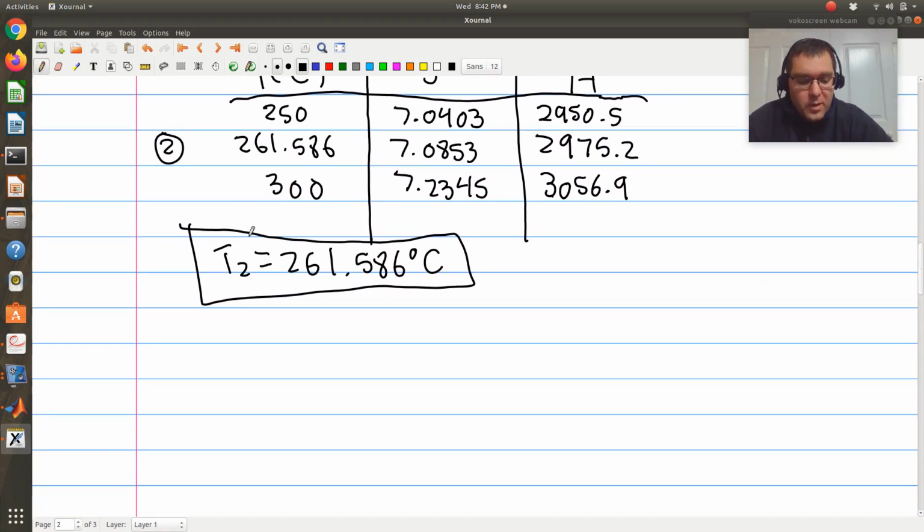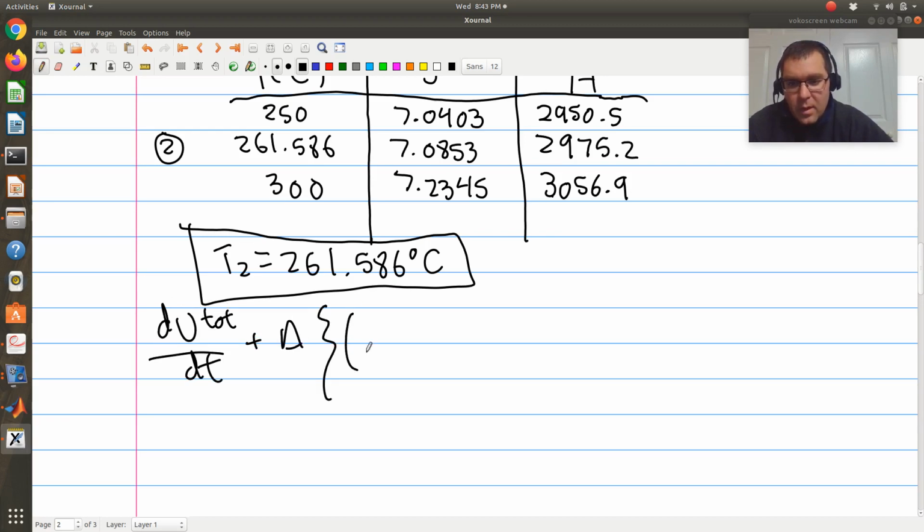To get my work, I'm going to write down my first law balance for my open system. That's going to take the form of dU total/dt plus delta change in kinetic energy plus potential energy plus enthalpy.